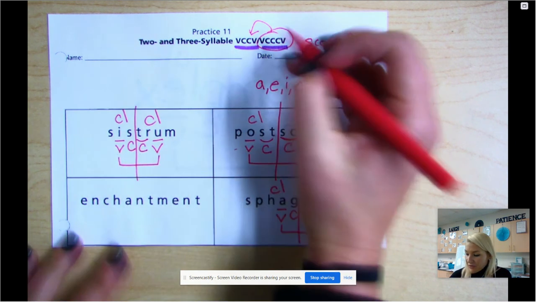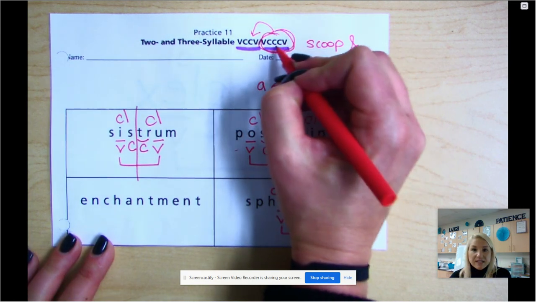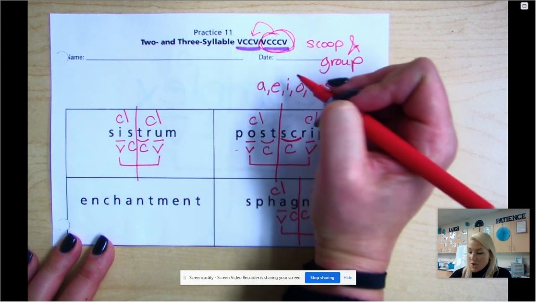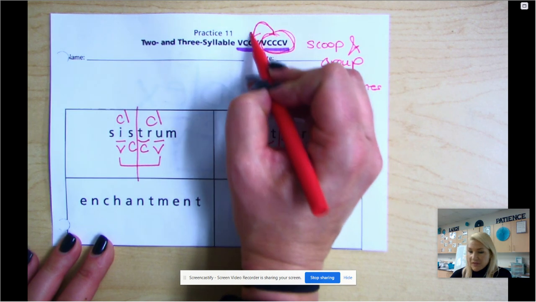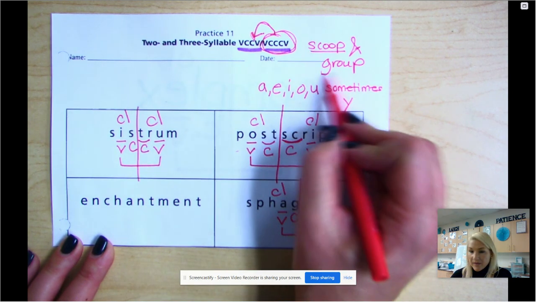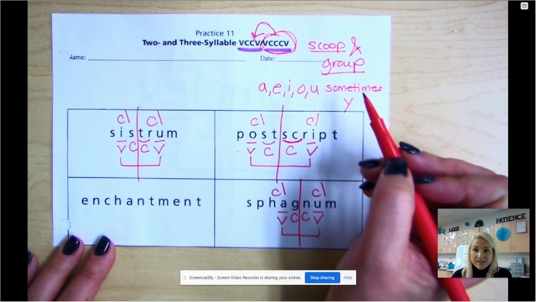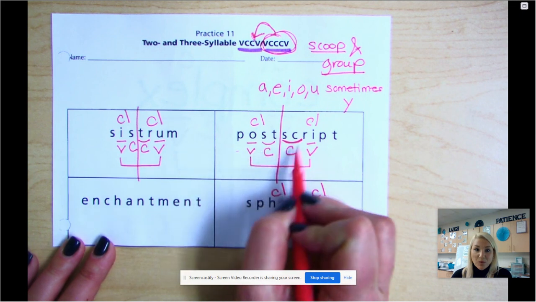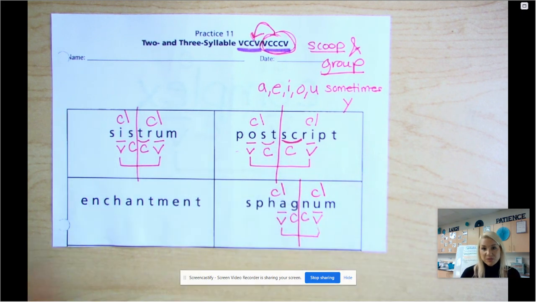So I should never see a VCCCV pattern on your sheet. We always turn a VCCCV pattern into a VCCV pattern with the scoop and group. And sometimes we have to scoop and group more than 2 letters together, as you saw in our second example. This one worked out really nicely because we didn't have to do any scoop and group. It was already a VCCV pattern.